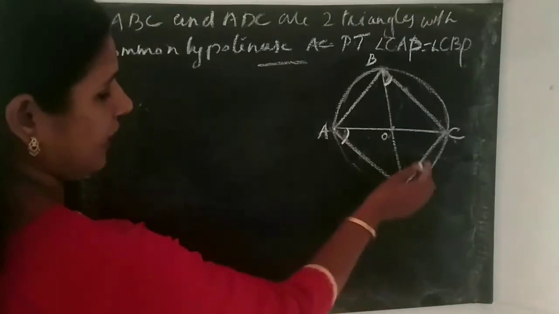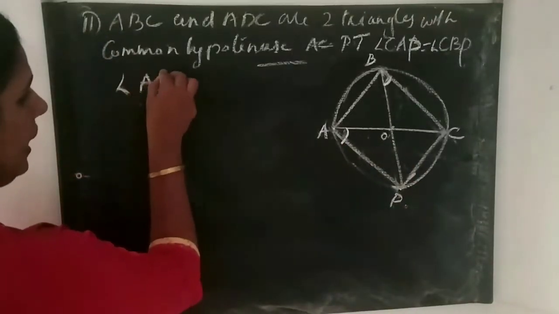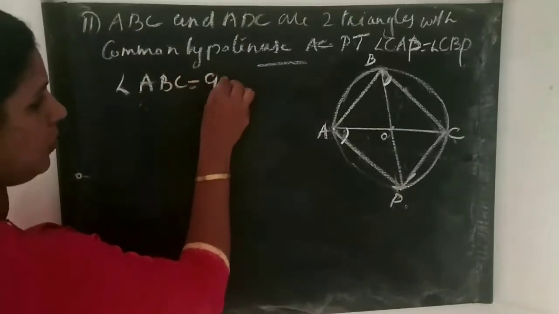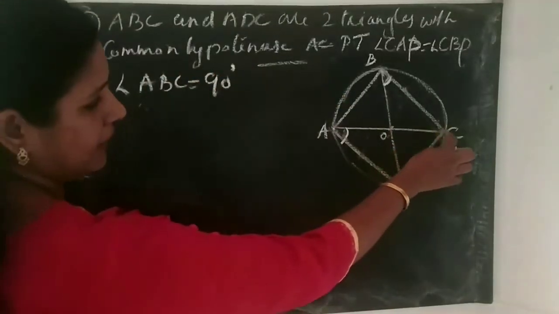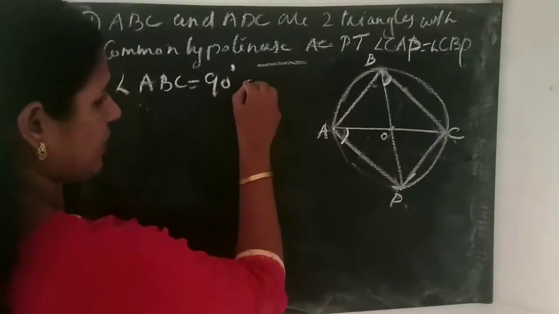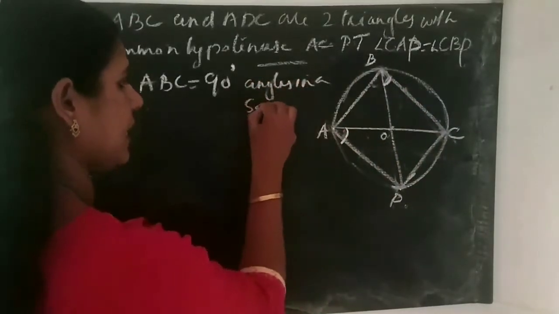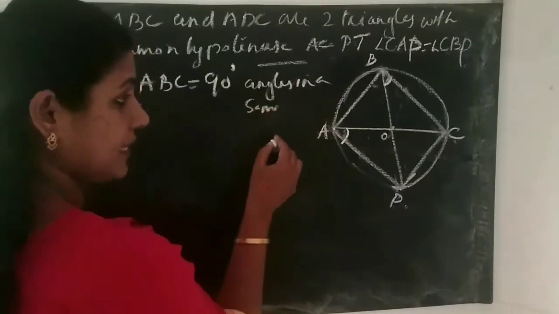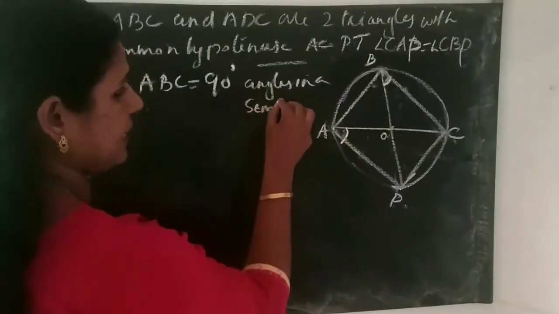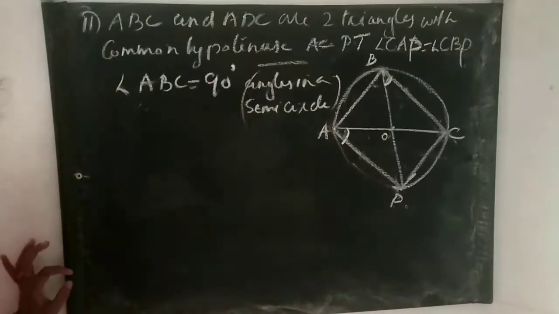For that, first we have to draw angle ABC equal to 90 degrees. ABC equals 90 degrees because of angles in a semicircle.